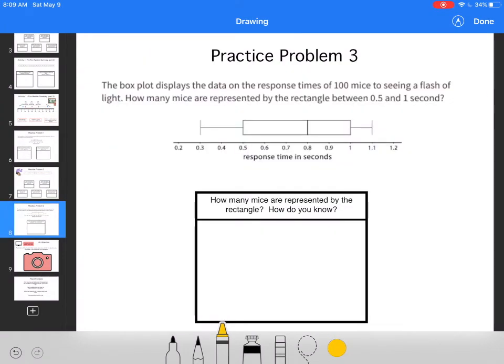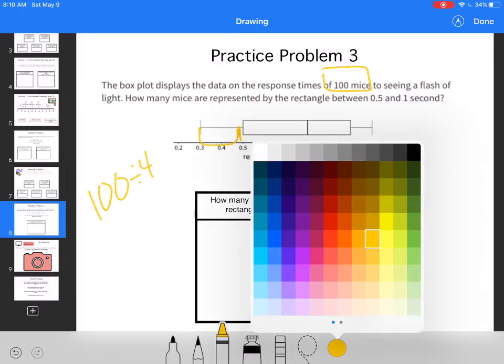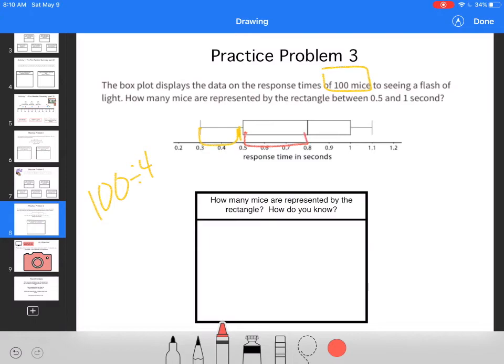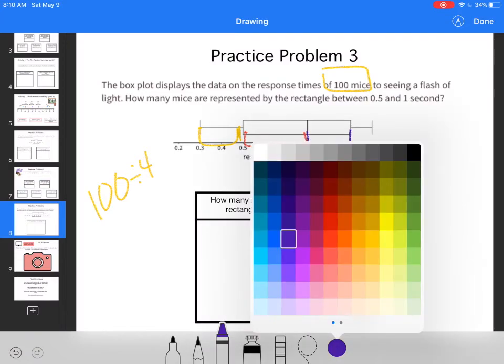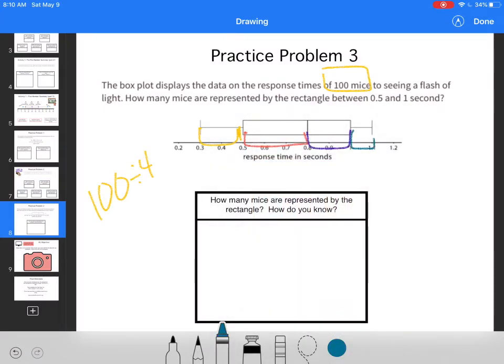Then it says the box plot displays the data on response times of 100 mice to seeing a flash of light. That's really important to know. How many mice are represented by the rectangle between 0.5 and 1 second? If I have 100 and I split it into 4 parts, because there are 4 sections to a box plot, each one will hold 25 mice.